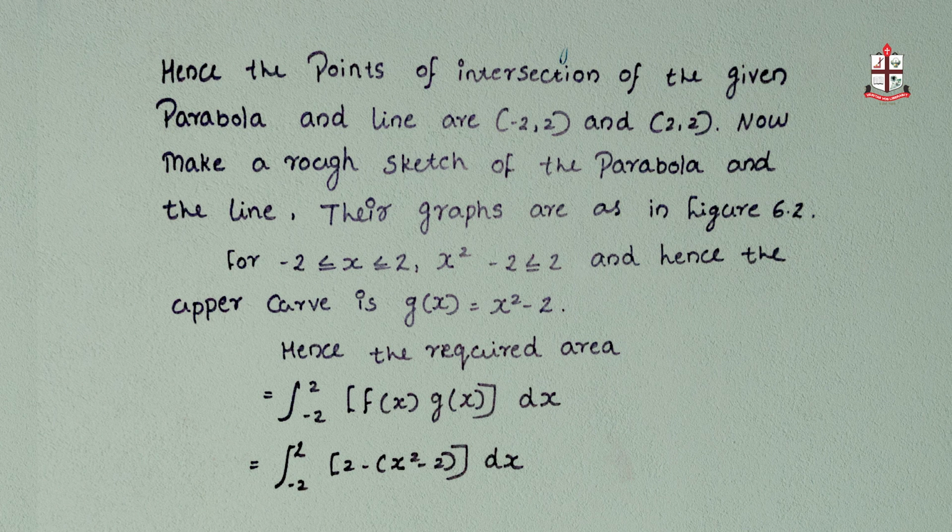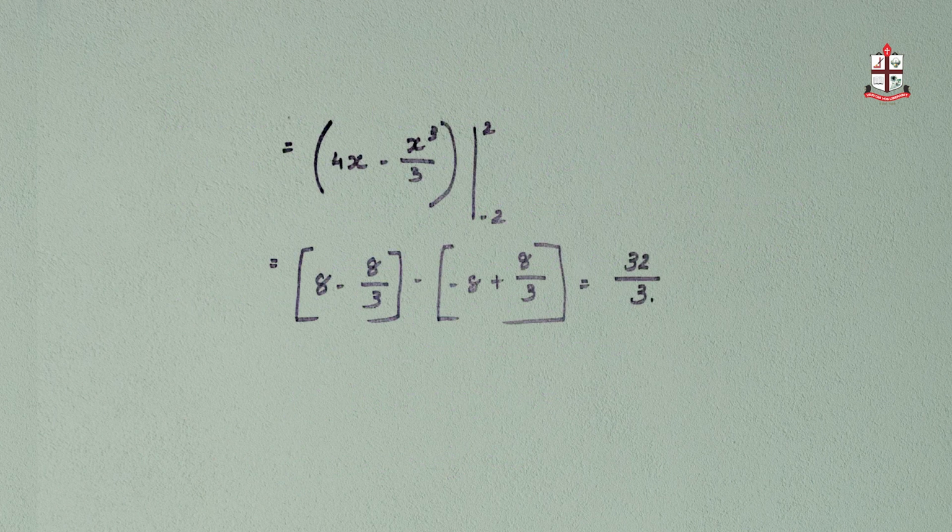So, the required area will become the integral from minus 2 to 2 of f(x) minus g(x) dx, that is, 2 minus (x squared minus 2) dx. When you expand and integrate, you will get 4x minus x cubed by 3 within the limits minus 2 to 2. Giving the upper limit, you will get 8 minus 8 by 3, minus (minus 8 plus 8 by 3). The final answer you are going to get is 32 by 3.